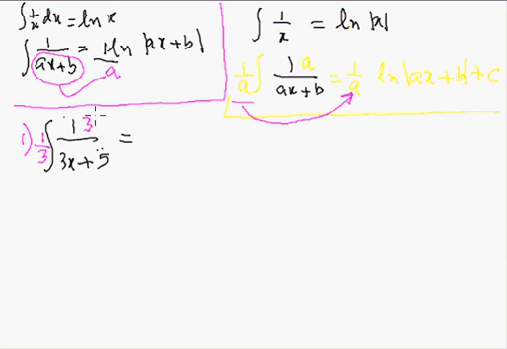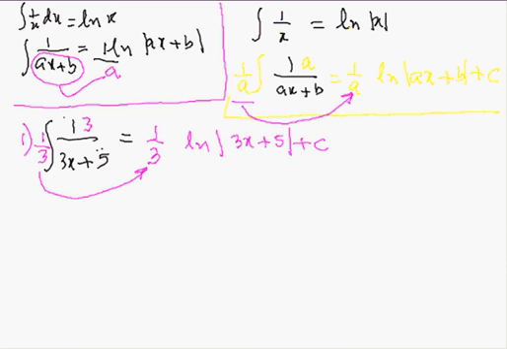Now the original question is the same, as well as I can see the derivative of the denominator here. So my answer is going to be 1 over 3. This 1 over 3 came here, and the answer is ln of the denominator itself, 3x plus 5. That's the final answer, plus c.